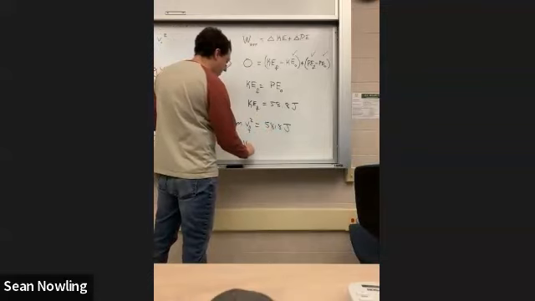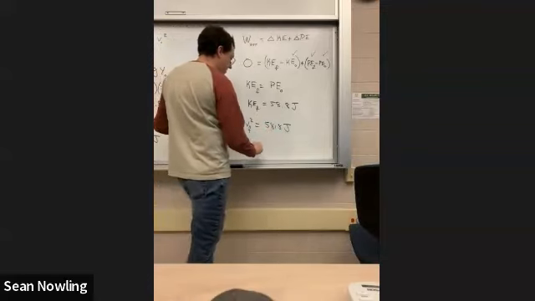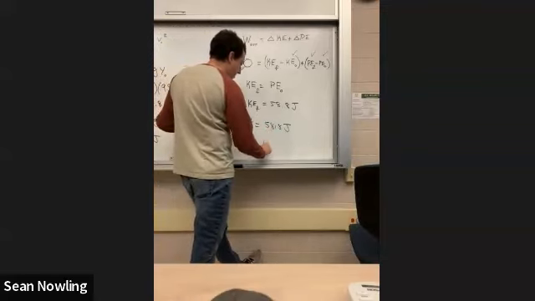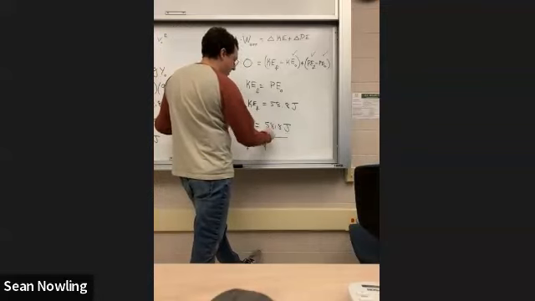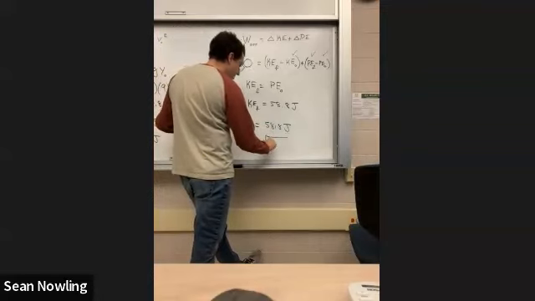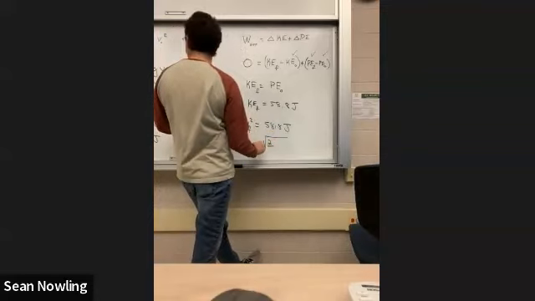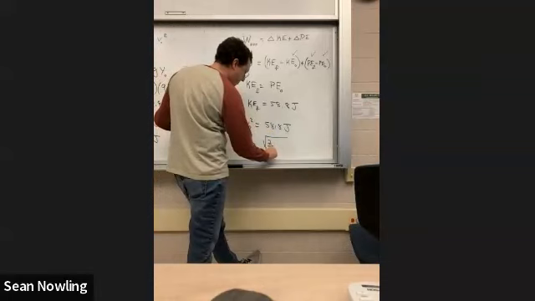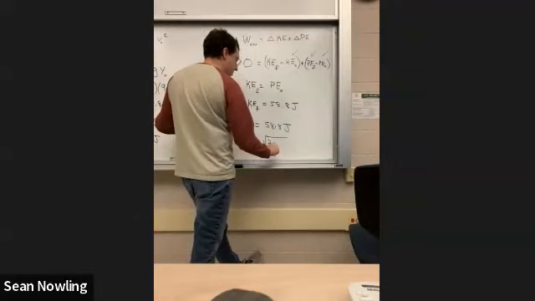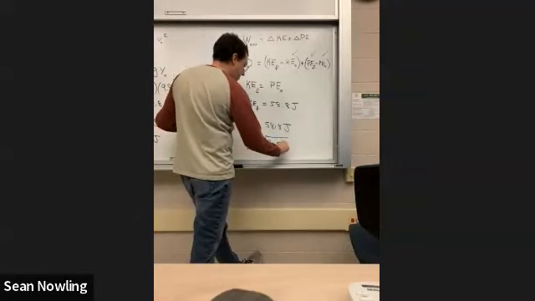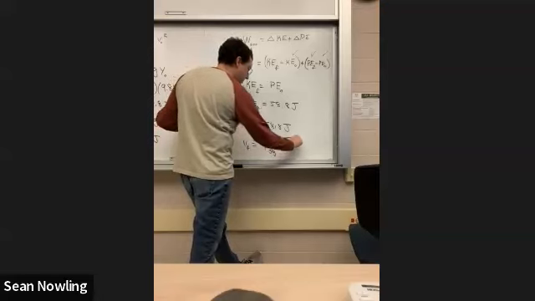So I can get that the final velocity is going to be: multiply by 2, divide by the mass, which we said was 3 kilograms, and then 58.8 joules.